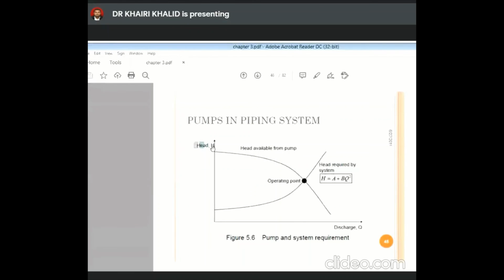As I said just now, it is from tank A to tank B. This value can be like this, it can be like that, and then we will gain this intersection point.